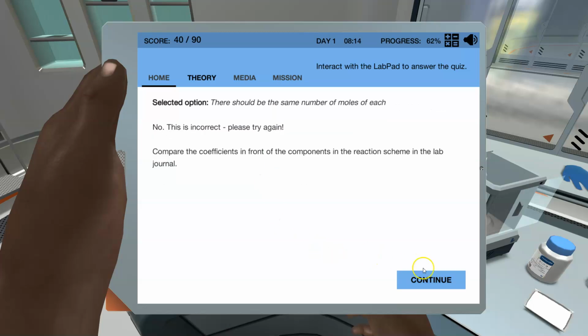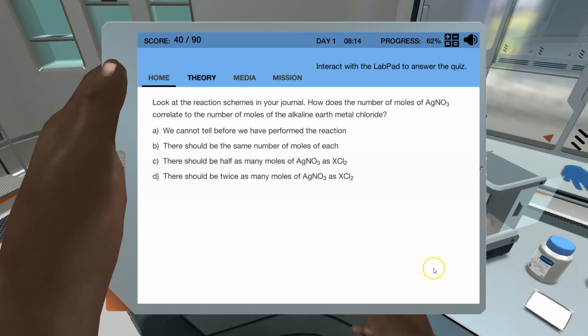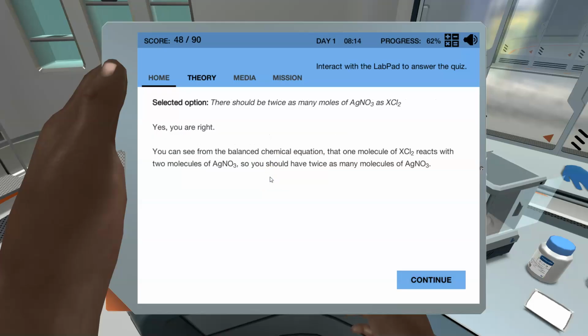No. This is incorrect. Please try again. Compare. Yes, you are right. You can see from the balanced chemical equation that one molecule of MCl2 reacts with 2 molecules of silver nitrate, so you should have twice as many molecules of silver nitrate.